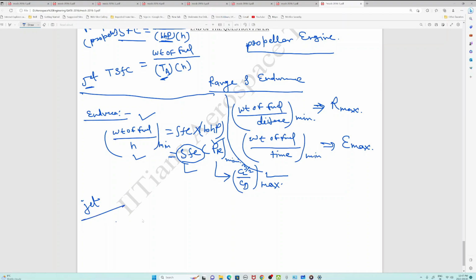Here, weight of fuel per unit time, means hour or time, it must be minimum if you want to cover more endurance.